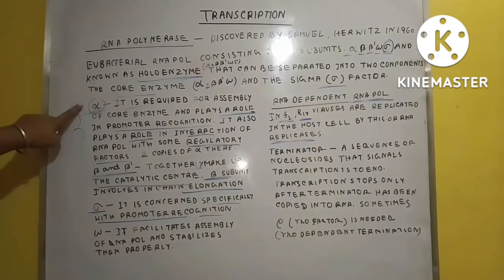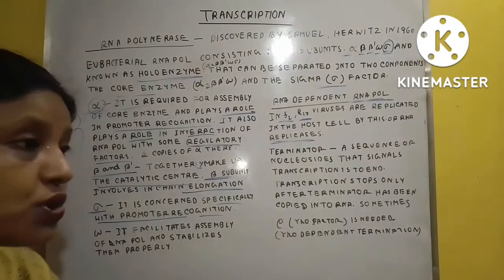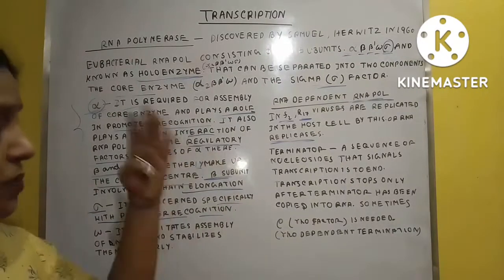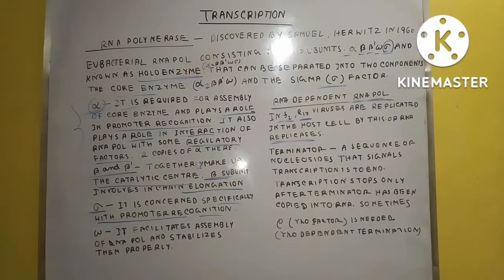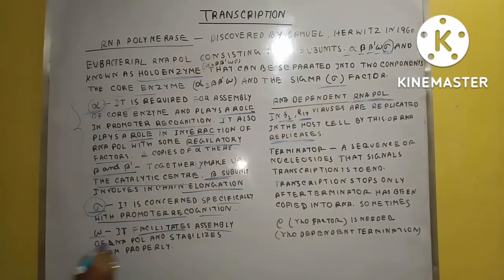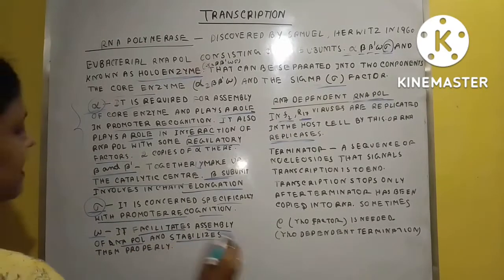So what we learned here is that alpha is responsible for promoter recognition, but the specification of which promoter region is important for the transcription process is recognized by the sigma factor. What is the role of the omega? It facilitates the assembly of the RNA polymerase and stabilizes it.